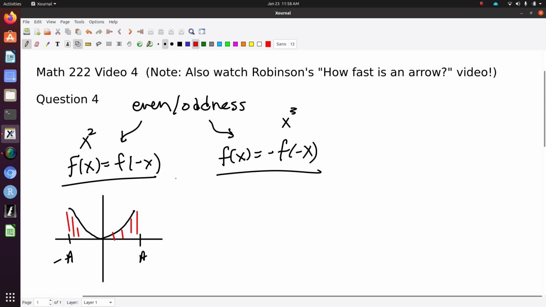For the odd function, you have something even nicer: if you go from minus a to a, the whole thing wipes out. The positive and negative integrals have the same magnitude, and they wipe each other out. So that is the key to what happens in question 4, and I'll let you answer the rest of that.